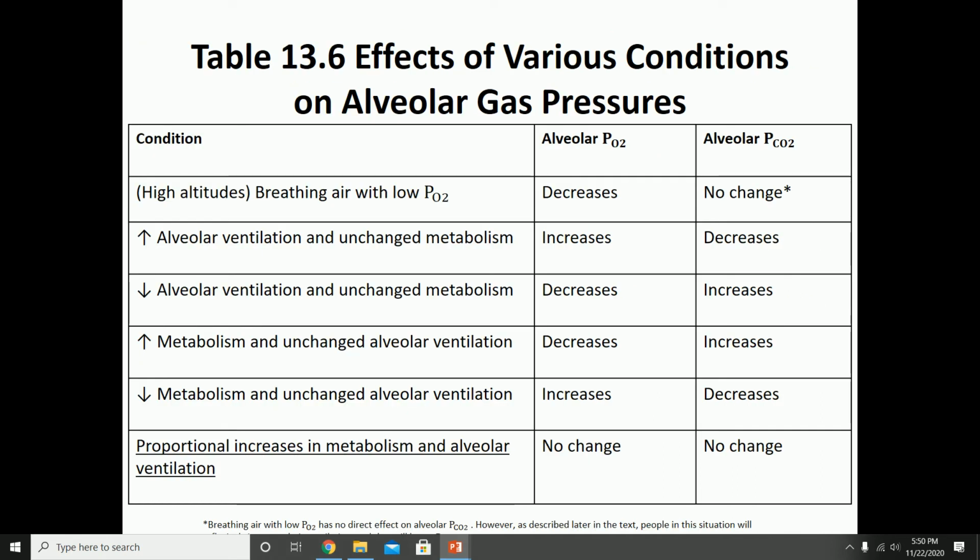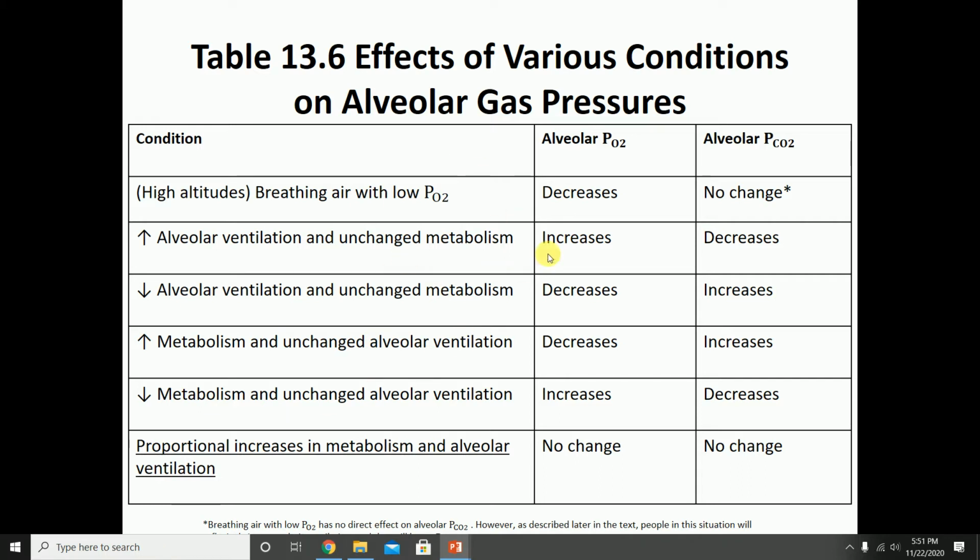Now, what are the effects of changes in alveolar gas pressures versus changes in metabolism? So when you increase alveolar ventilation, that means you are increasing the diffusion of gases. There is more intake of oxygen and removal of carbon dioxide, which is that waste product.